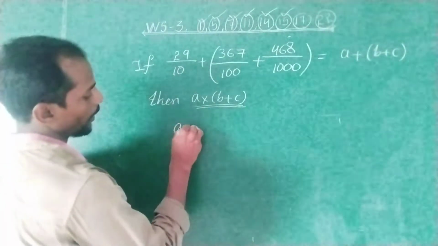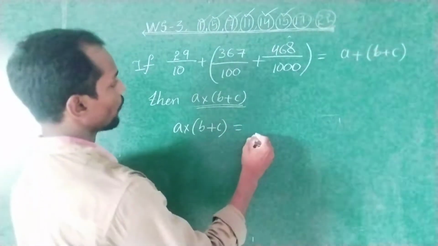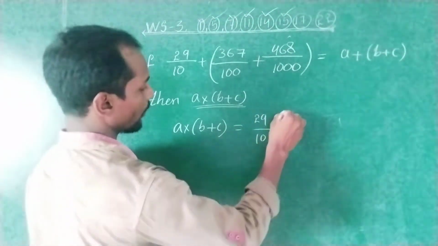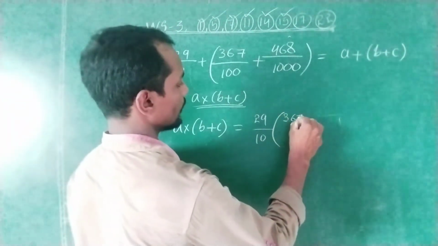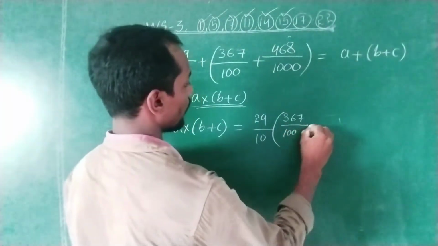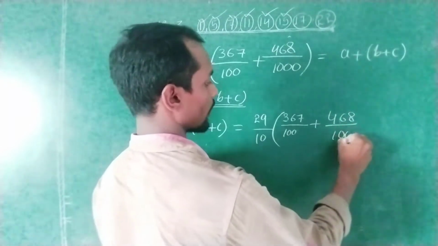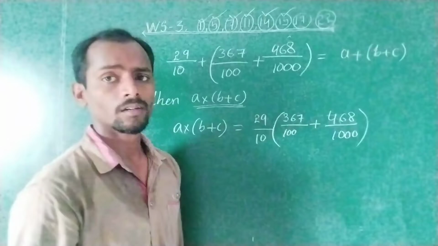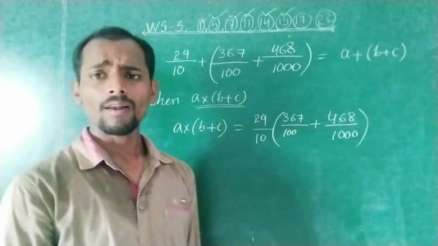So here A into B plus C equals 29 by 10 into the bracket of 367 by 100 plus 468 by 1000. So these two are unlike fractions. You can convert them to like fractions.